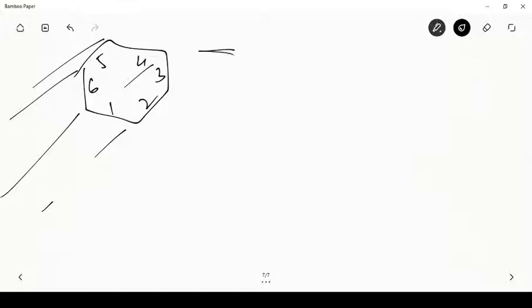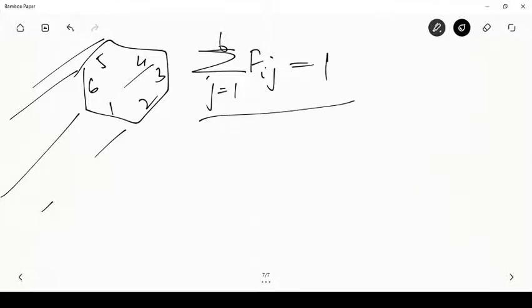So if I add Fij for j equal to 1 to 6, this will be equal to 1, which basically means that the energy that is leaving this and going in any direction will intercept any one of these surfaces and will not escape. So if it's a closed enclosure, then the summation of Fij over the closed enclosure is 1.